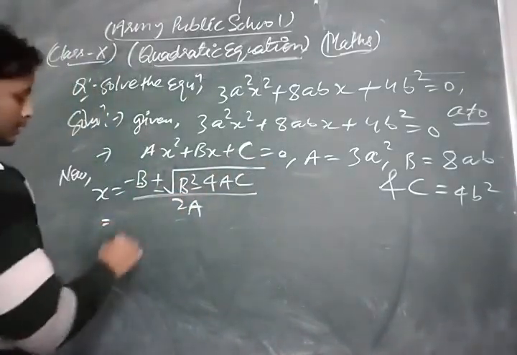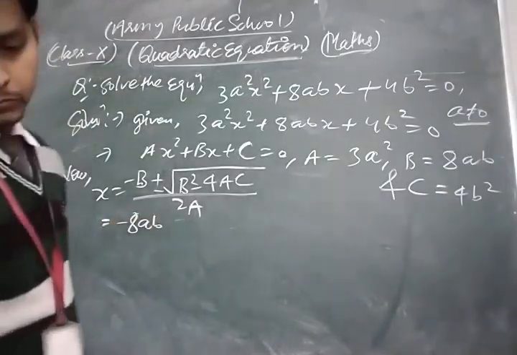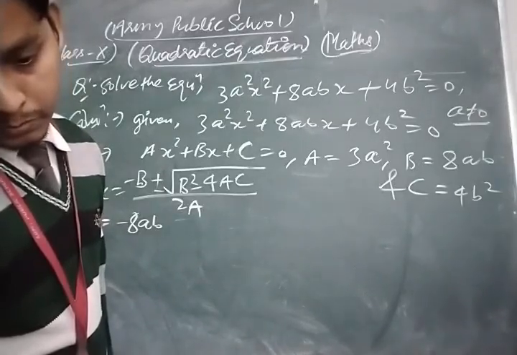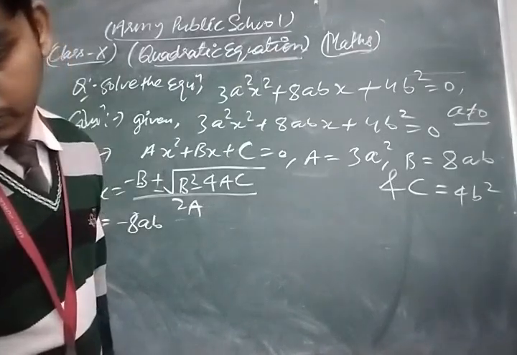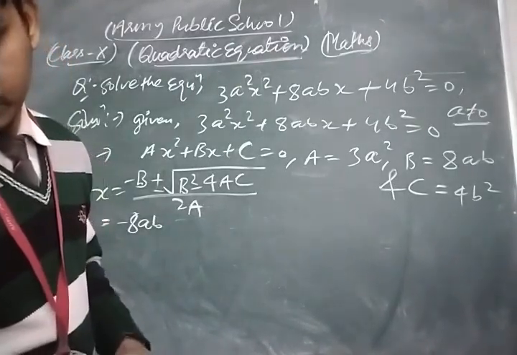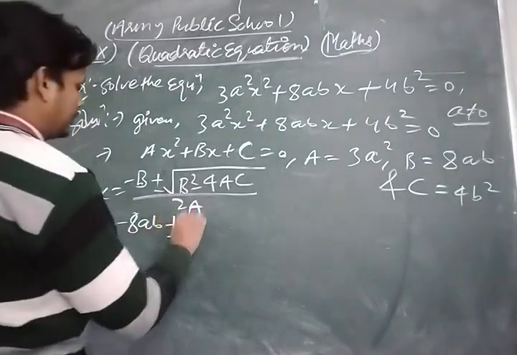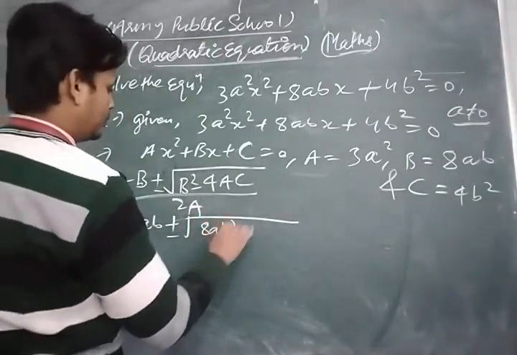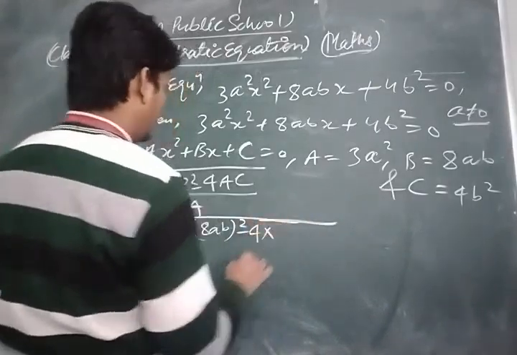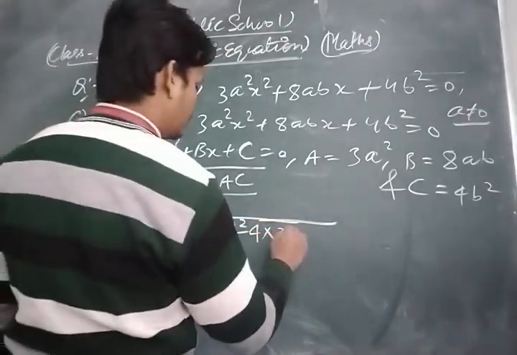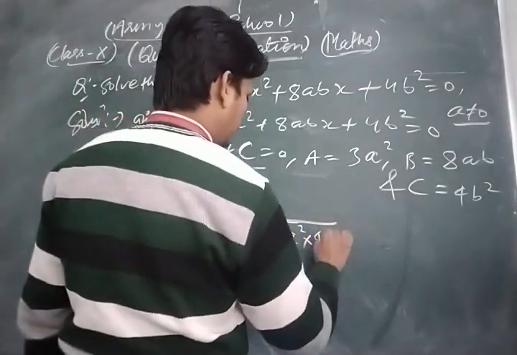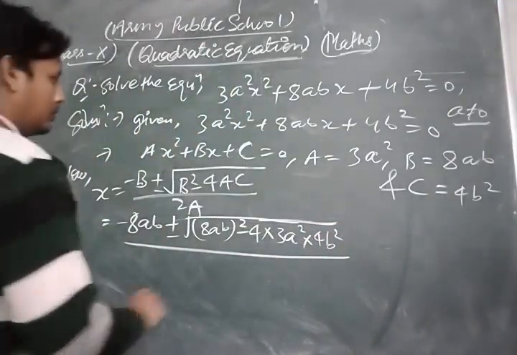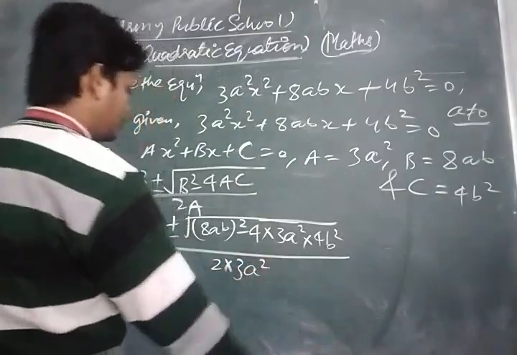Minus B is minus 8ab, plus minus under root B square, that is 8ab square, minus 4 into A, which is 3a square, into C, which is 4b square, upon 2A, that is 2 into 3a square.